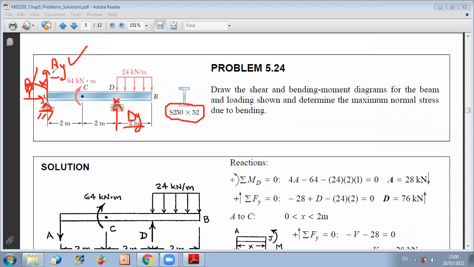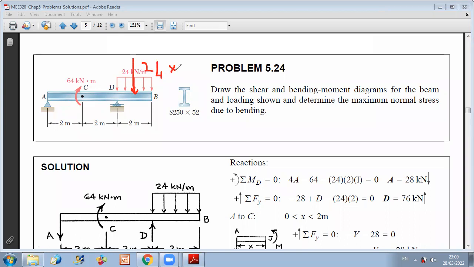And then if you do the sum of Y equals 0, you get the value of Dy. And of course, when you calculate external forces, you can replace this distributed load by a concentrated force. The concentrated force will be equal in magnitude to 24 times 2, which is the area, and it should pass through the centroid of the rectangle, so it should be at 1 meter from D.